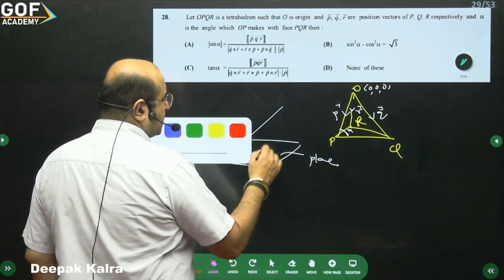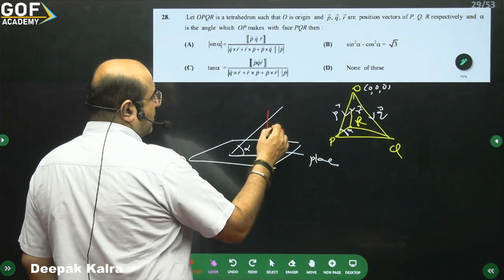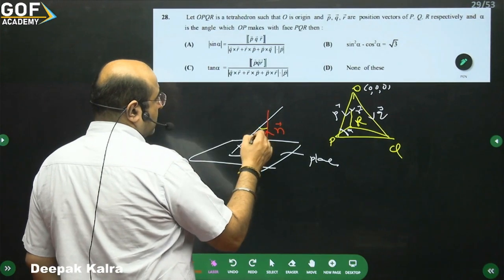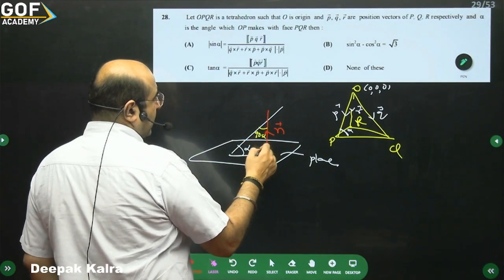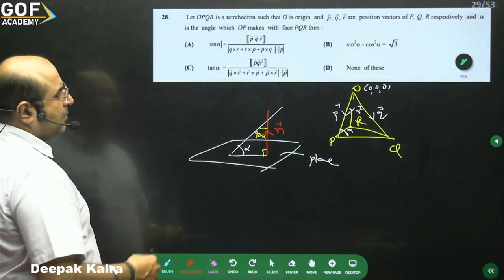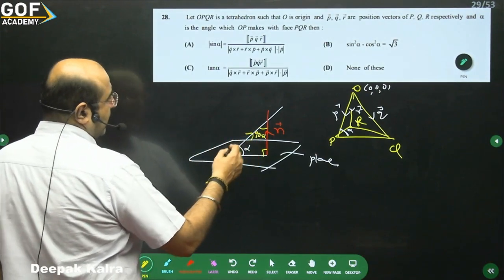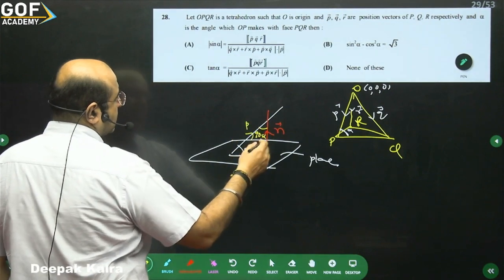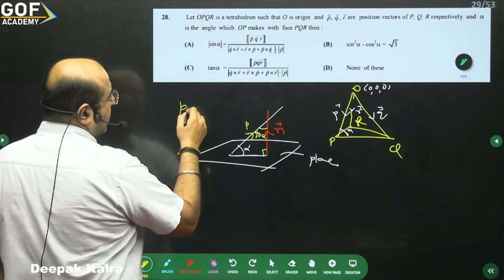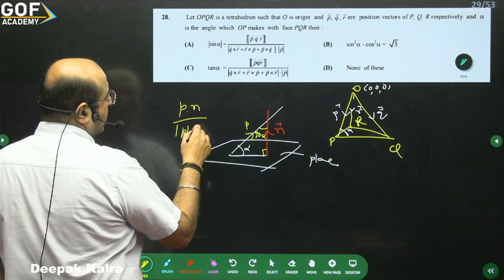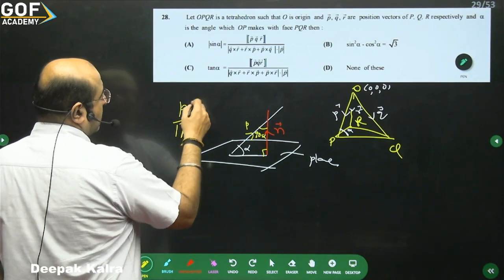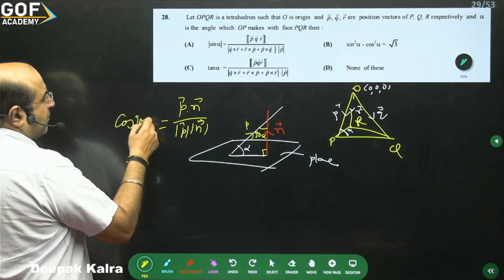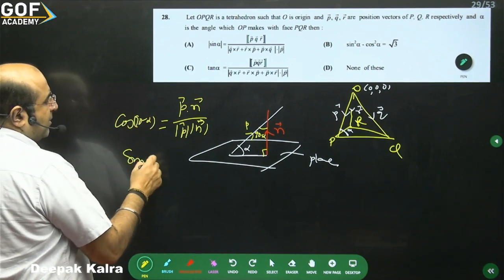If I get its normal vector, the angle between them will be 90 minus alpha. You know that? This is the direction of a line. Let us suppose it is P in this case. So P dot n by mod P mod n is nothing but cos of 90 minus alpha, which is sin alpha, right?